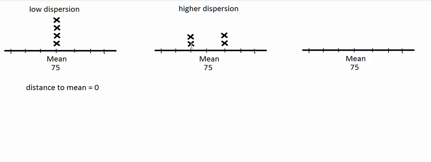This person who got a 74 is also 1 away from the mean. This person who got a 76 is 1 away from the mean. And this person who got a 76 is also 1 away from the mean. So the distance to the mean in this data set is 1, because every value is 1 away from the mean.